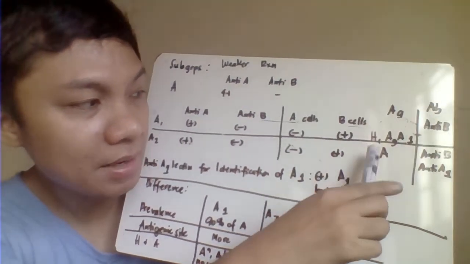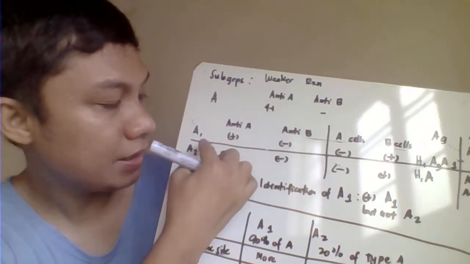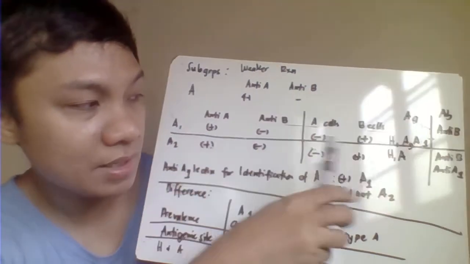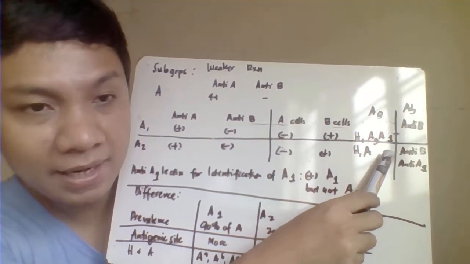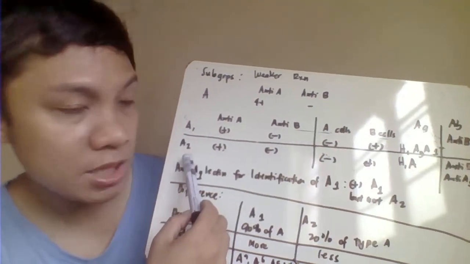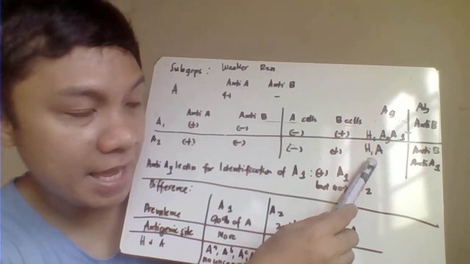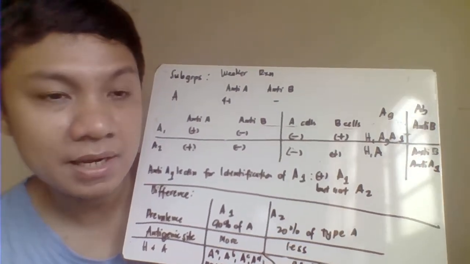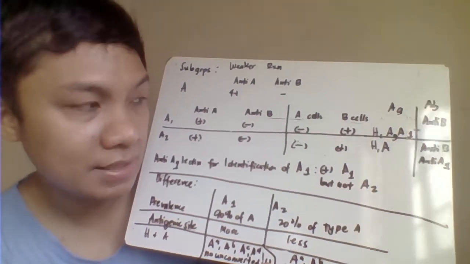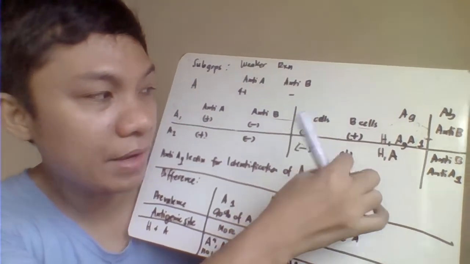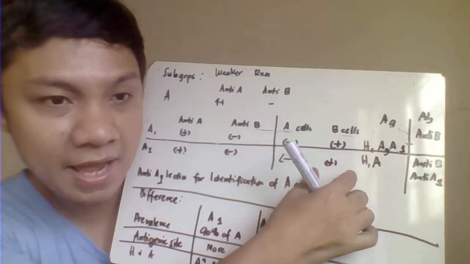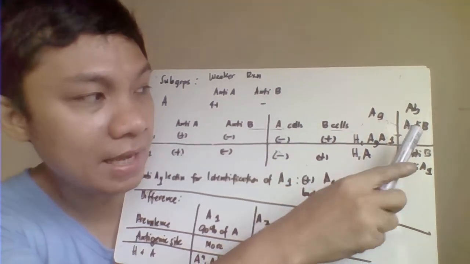So ang antigen na makikita natin, for the A1, meron siyang H antigen, A antigen, plus meron siyang A1 na antigen. For A2 naman, ang antigen niya lang ay H saka A antigen. Wala siyang A1 na antigen. Okay, so we have here antibody. So, expected antibody, since they are type A, na-expect natin na meron silang anti-B antibody.